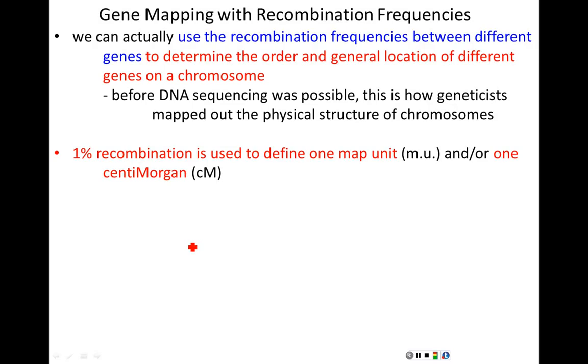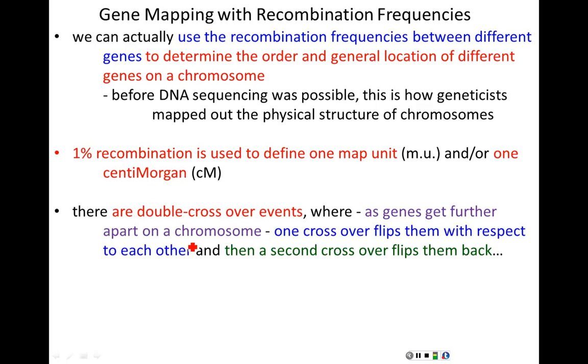So we're going to practice it now. How many map units is 7% recombination? 7. How many centimorgans is 12% recombination? 12. Okay, good. So we've got that calculation down.